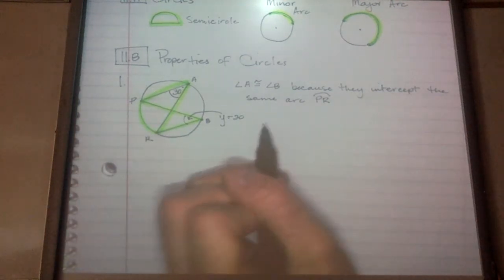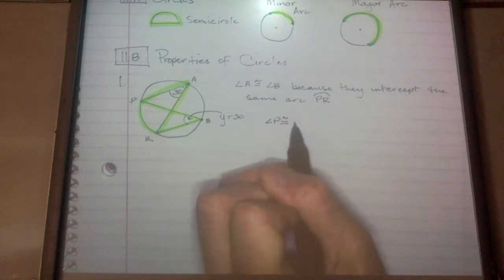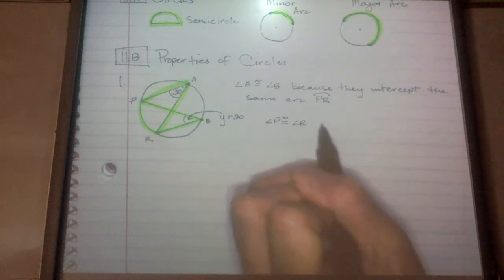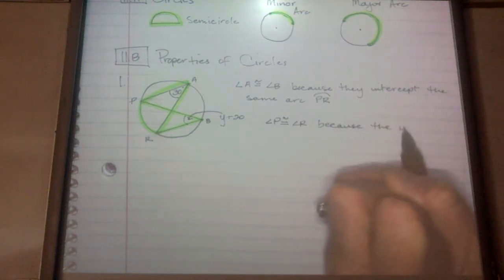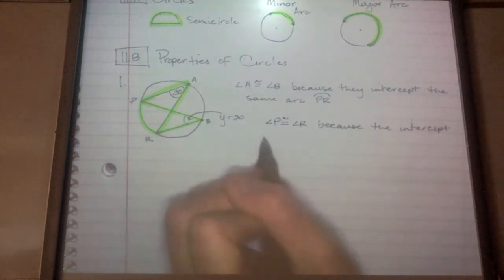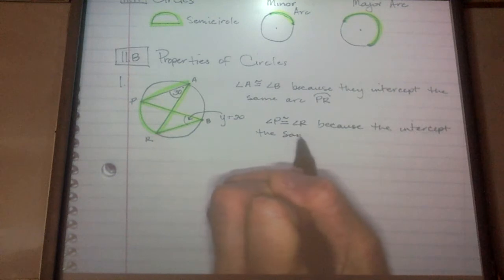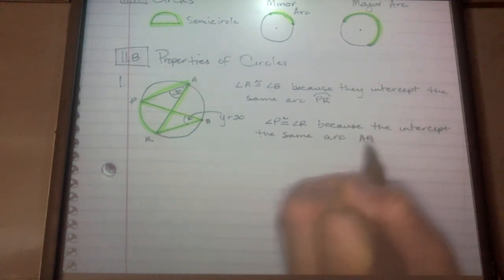As something else, I know that angle P is congruent to angle R because they intersect the same arc, which in this case is AB.